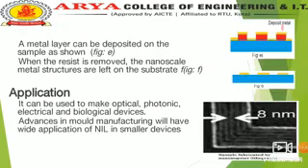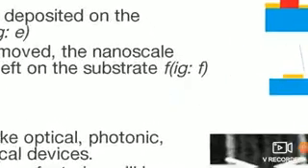A metal layer can be deposited onto the sample or substrate in figure E. And in figure F, when the resist is removed, the nanoscale metal structures are left on the substrate. This is the final step.